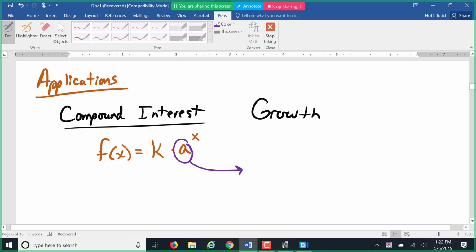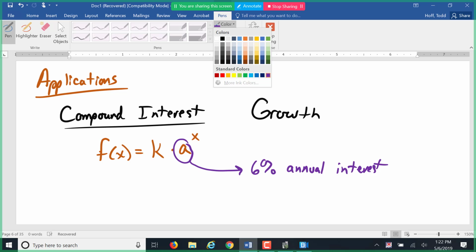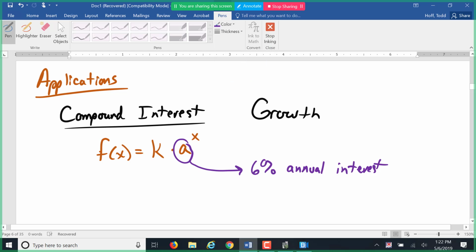Well, let's say that we have 6% annual interest. And we're just going to say annual interest means it's compounded annually. A is a growth factor. Remember, we start out with 100% at the beginning of the year.